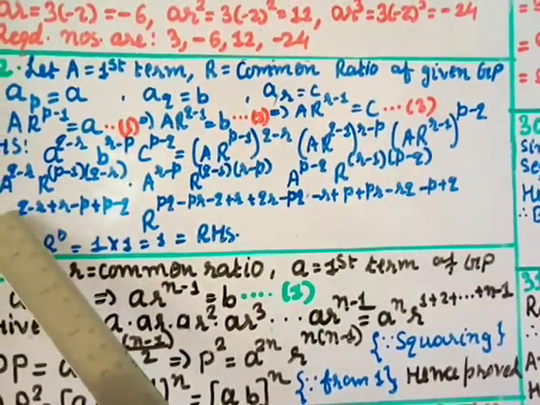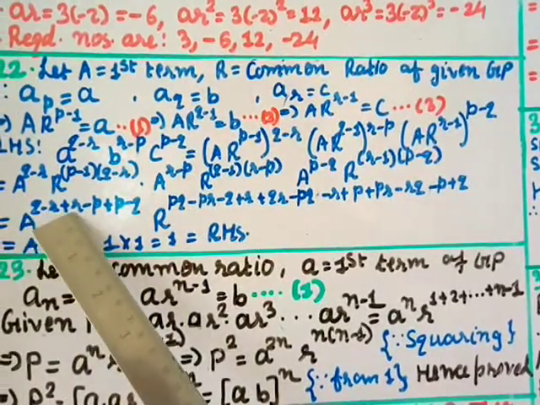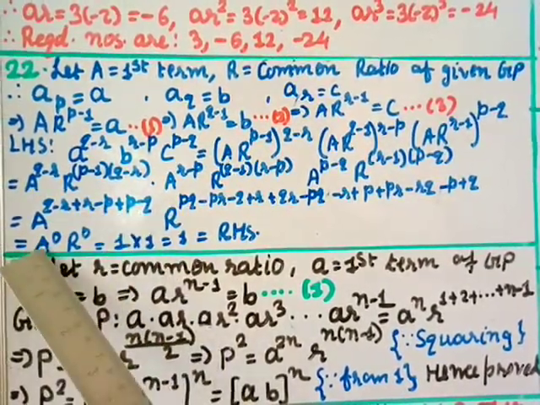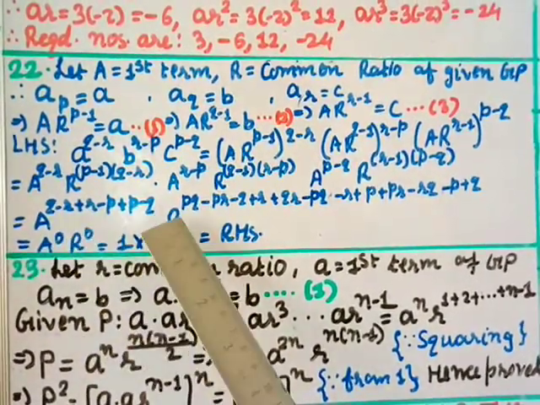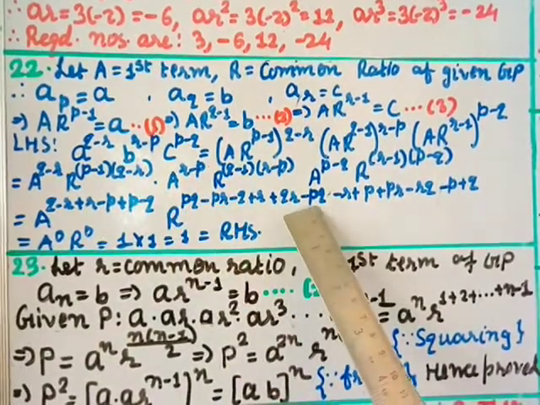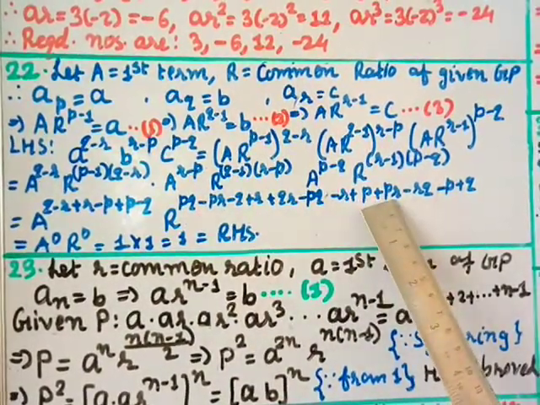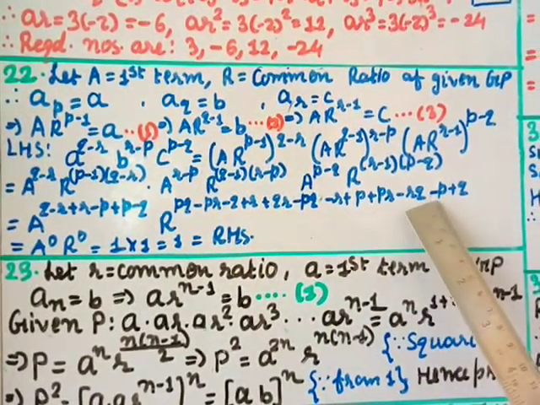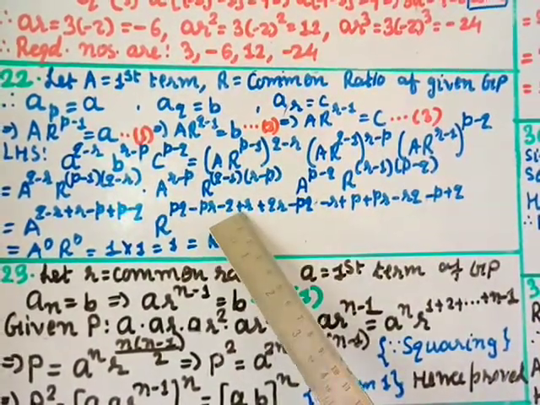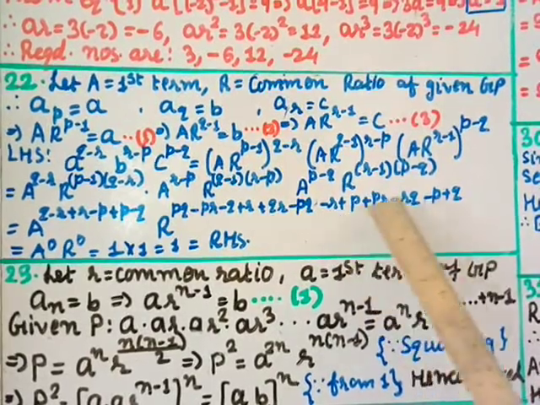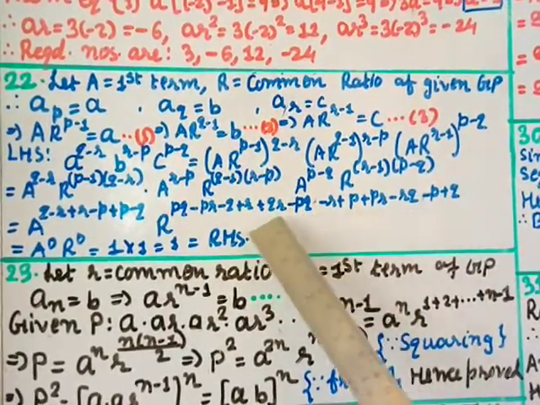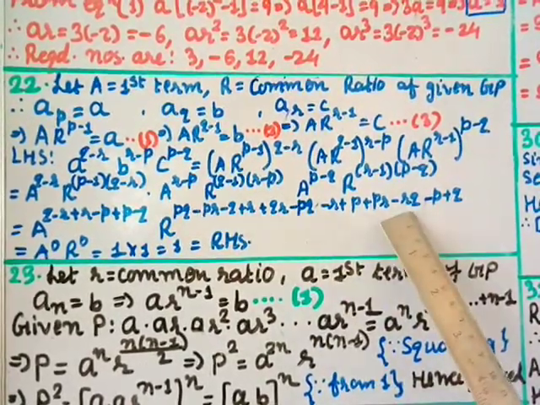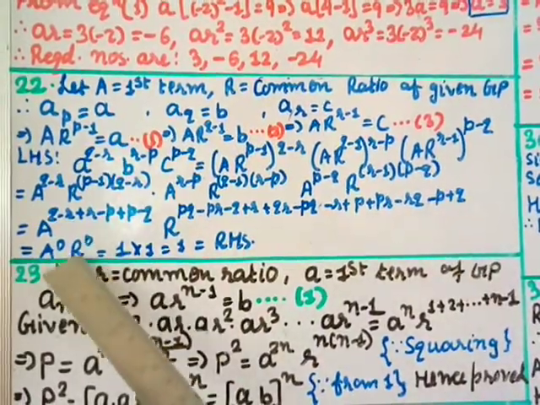Now you can see plus q minus q cancel, minus r plus r cancel, minus p plus p cancel, so A power 0. And here pq minus pq cancel, minus pr plus pr cancel, minus q plus q cancel, plus r minus r cancel, plus p minus p cancel, qr plus and qr minus cancel. So all these cancel, and you get R power 0.